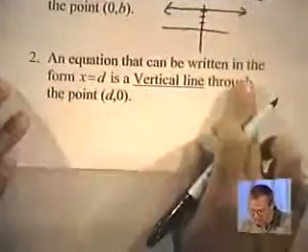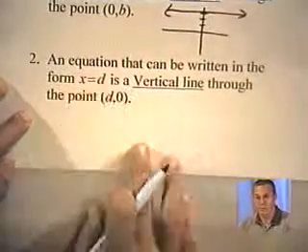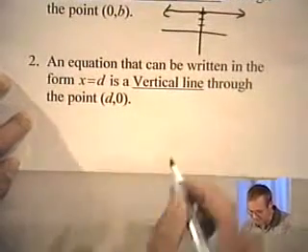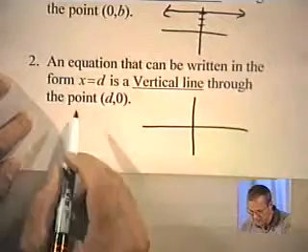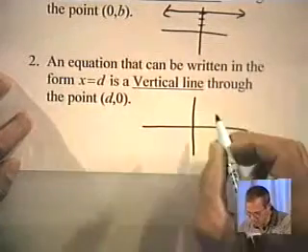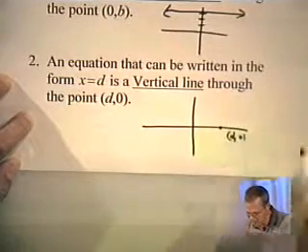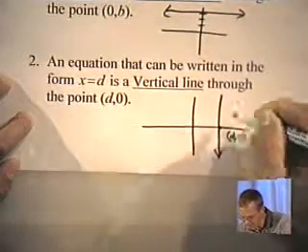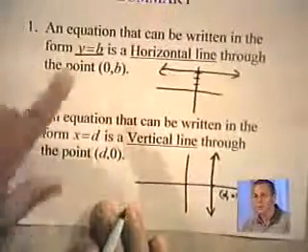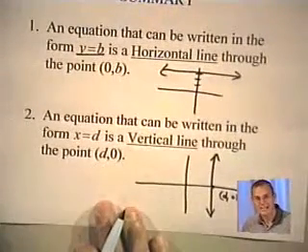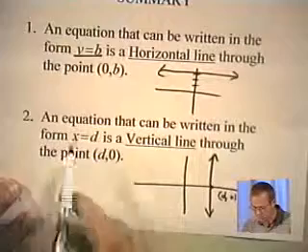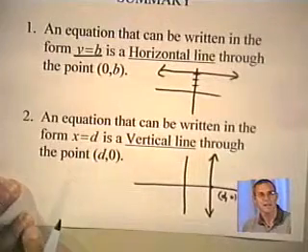An equation that can be written as x equals some constant is a vertical line through the point d, 0. Maybe this is d, 0. And it must be a vertical line. So whenever you see y equals, it has to be a horizontal line. When you see x equals, it must be a vertical line.